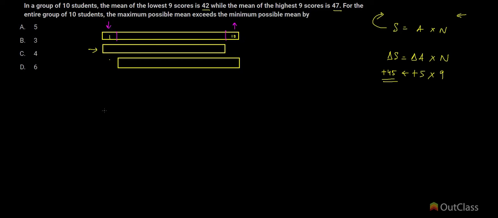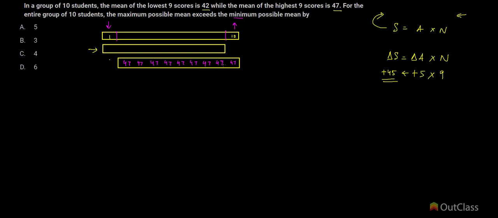Now with those constraints, what is the lowest sum that the 10 numbers can have? Lowest sum will correspond to the minimum mean, and what you will see is that because the average of the 9 highest scores is 47, the best case I can have is put a 47 and make all 8 of these numbers 47. 1, 2, 3, 4, 5, 6, 7, 8.